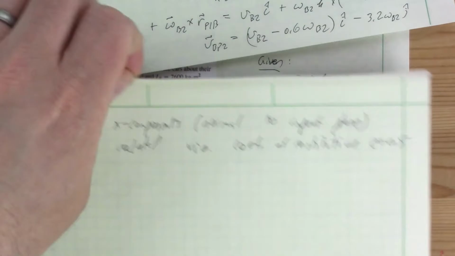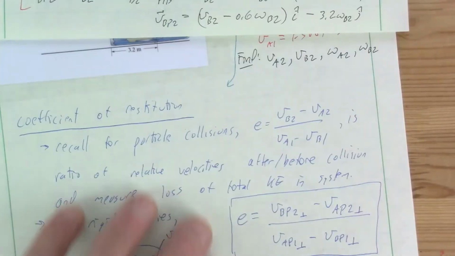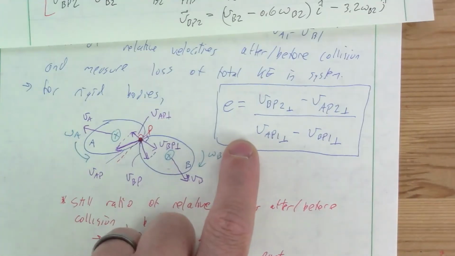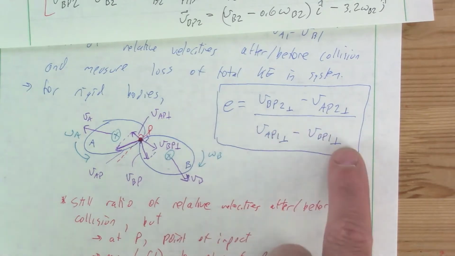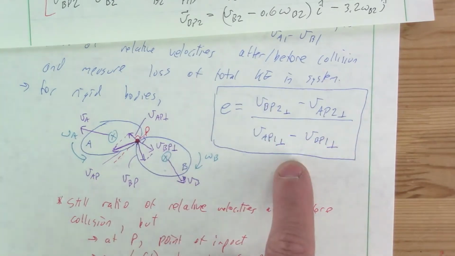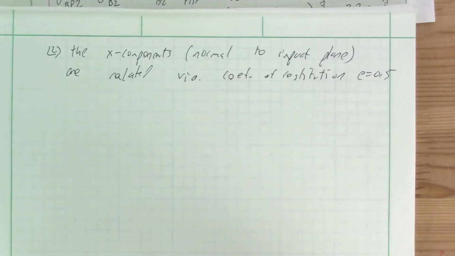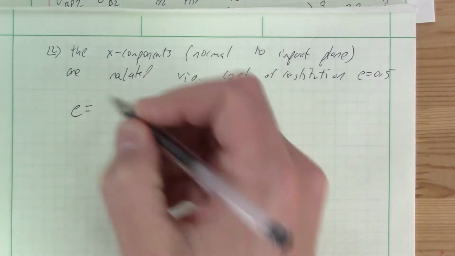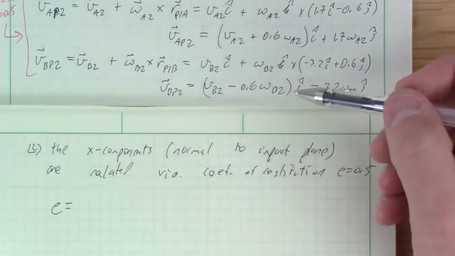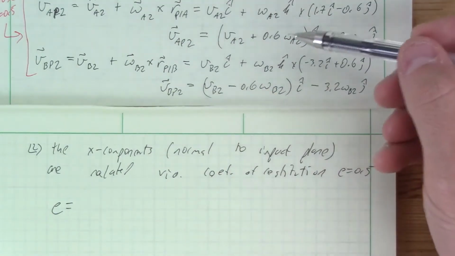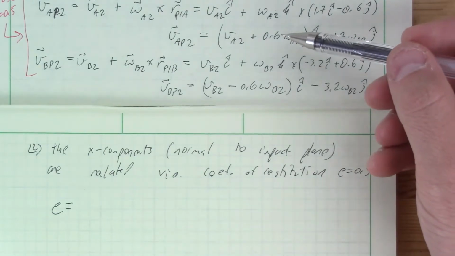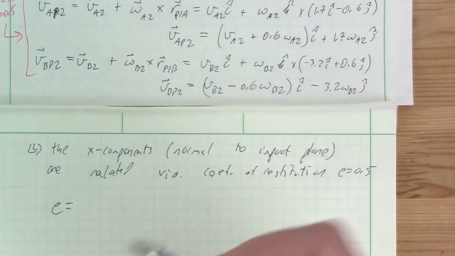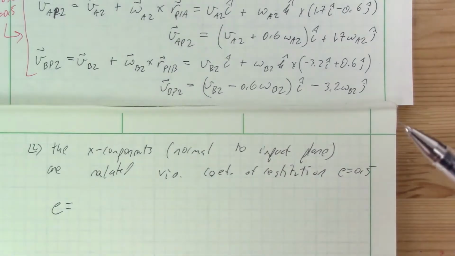When we write out our coefficient of restitution, it's these perpendicular components of velocity before and after that define it. So our coefficient of restitution, which we know is 0.5, is going to be the horizontal component of B after minus the horizontal component of A after, divided by the horizontal component before.